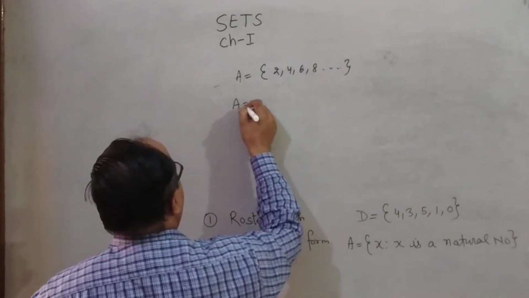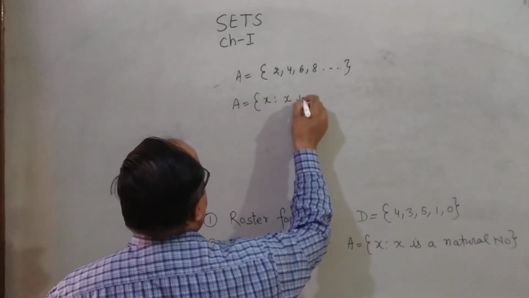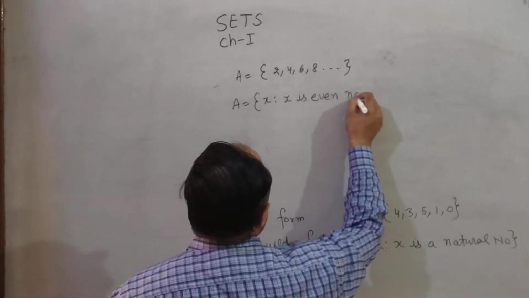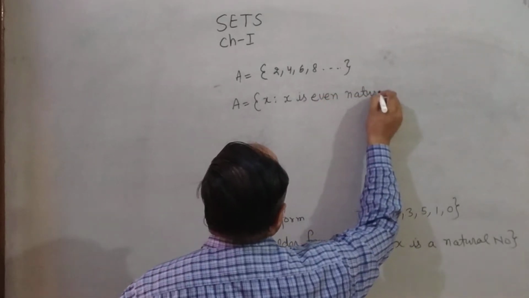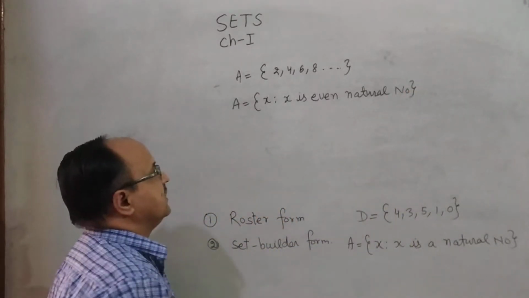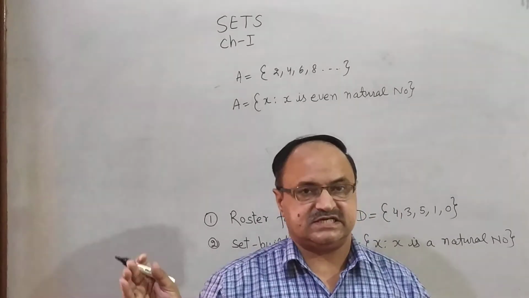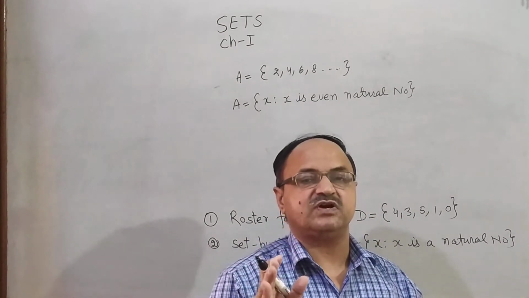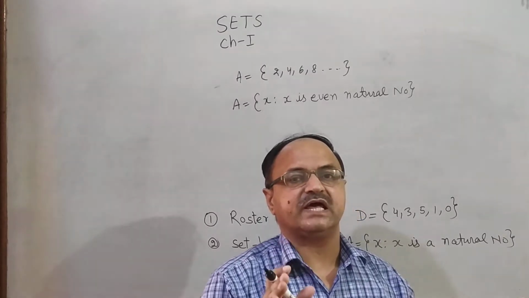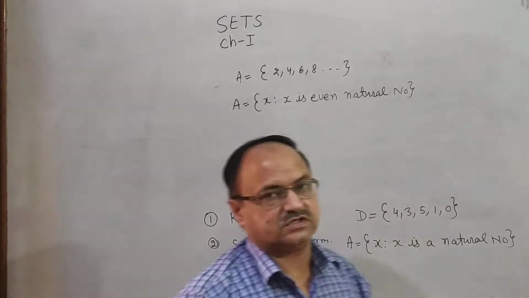In set builder form, you can say set of all x such that x is an even natural number. 2, 4, 6, 8, 10, and so on.